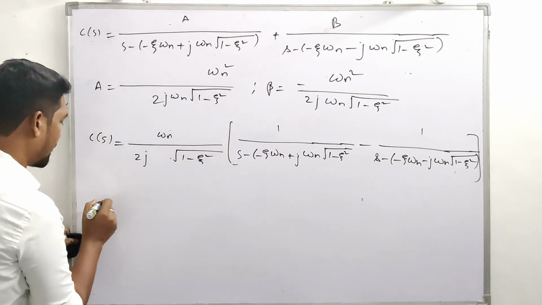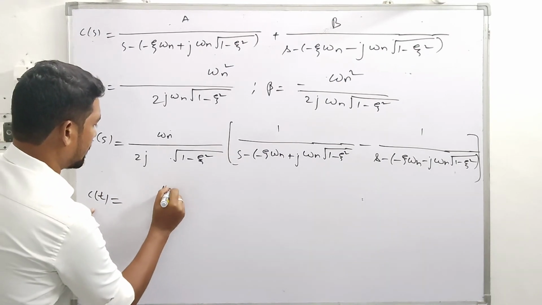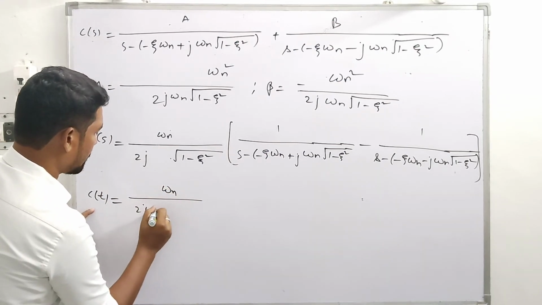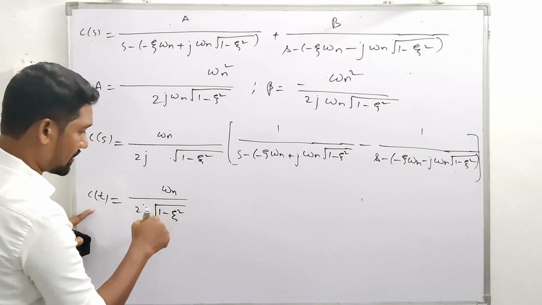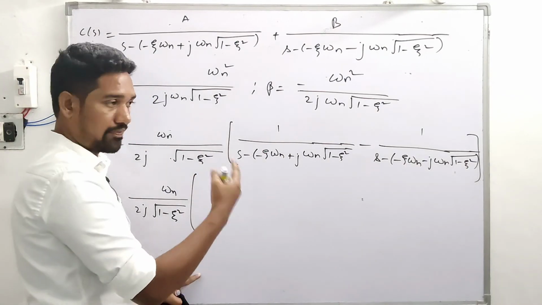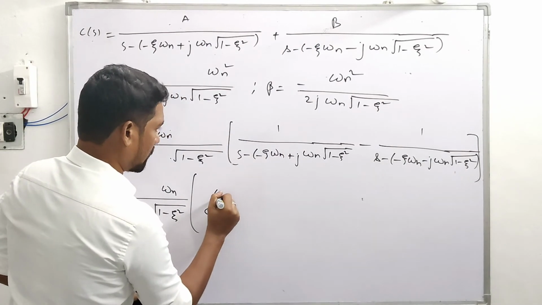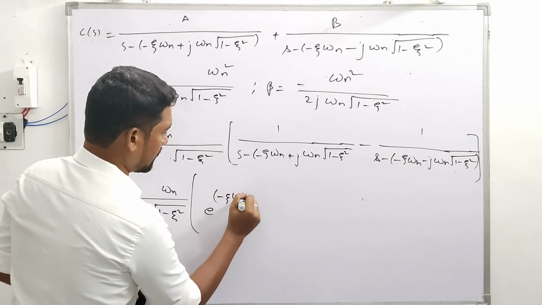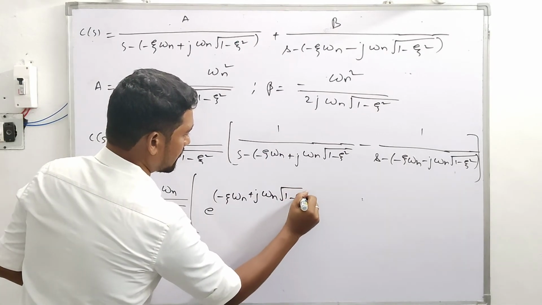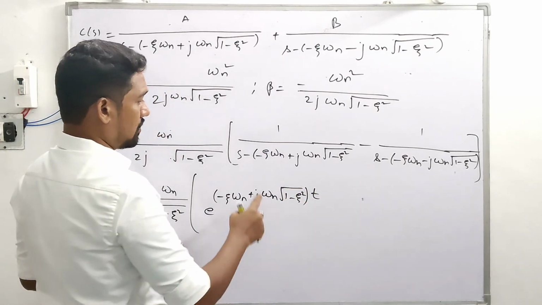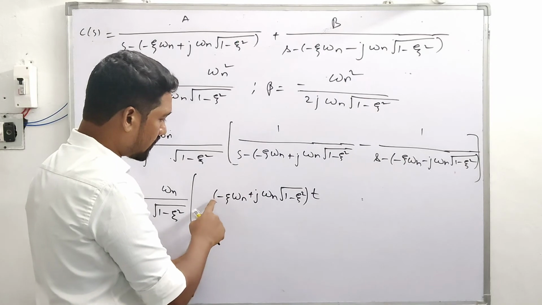Inverse Laplace transform on either side, it will be c of t, and omega n upon 2j under root 1 minus zeta square will be as it is, no change in that one. And similarly to the previous one, 1 upon s minus a, so it will be e raised to positive minus zeta omega n plus j omega n into under root 1 minus zeta square, close the bracket, into t. 1 upon s minus a, inverse Laplace transform, that will be e power positive at, isn't it?